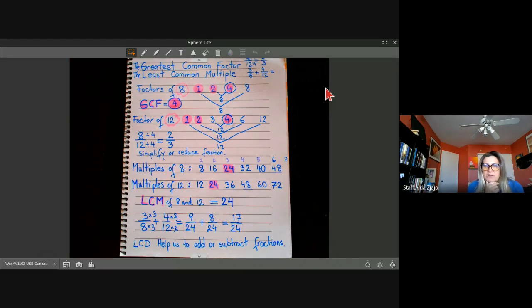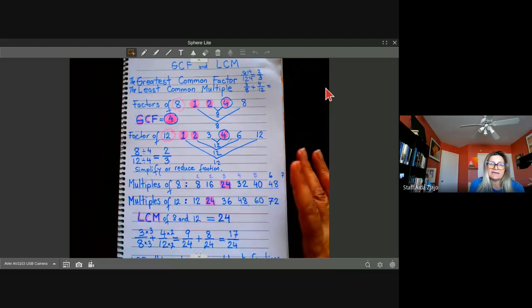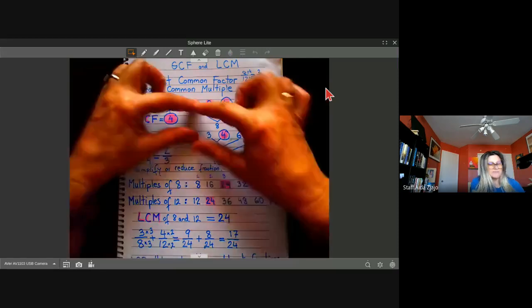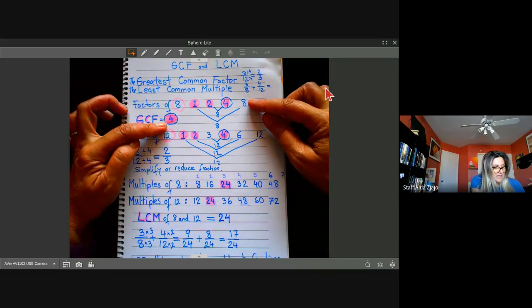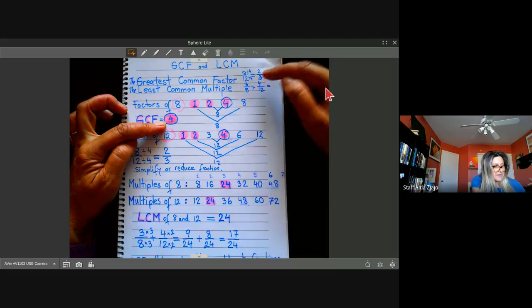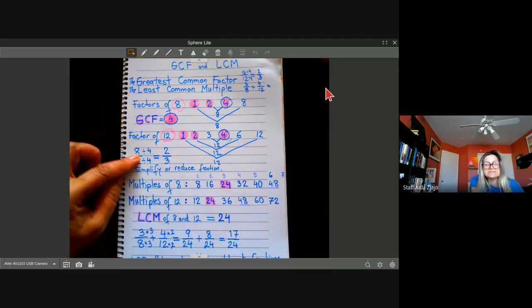We will do tomorrow a different way to find the greatest common factor and least common multiple by using a Venn diagram as a tool to help us. But this is one way to find the factors, and then you can find the greatest common factor to help reduce or simplify fractions.